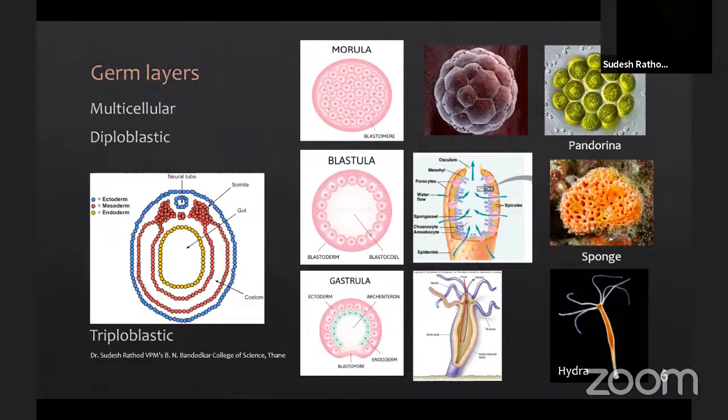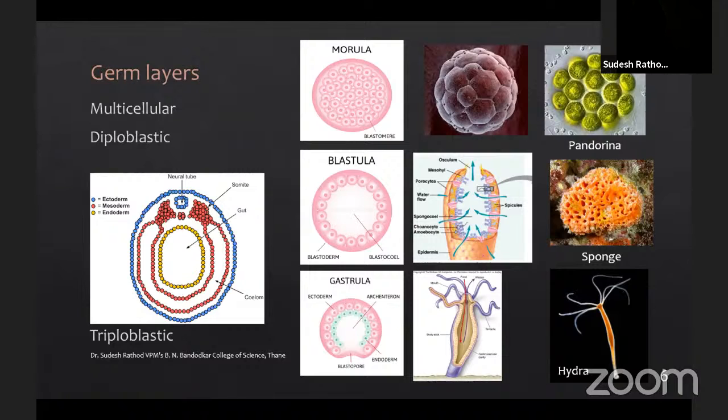If I talk about morula, on the right side of morula, you'll find an actual 3D image of morula, showing how it is multicellular. On the extreme right of morula, you'll find Pandorina. Pandorina is just like a dinoflagellate. Just now I talked about gonium, plasmodium, and volvox.